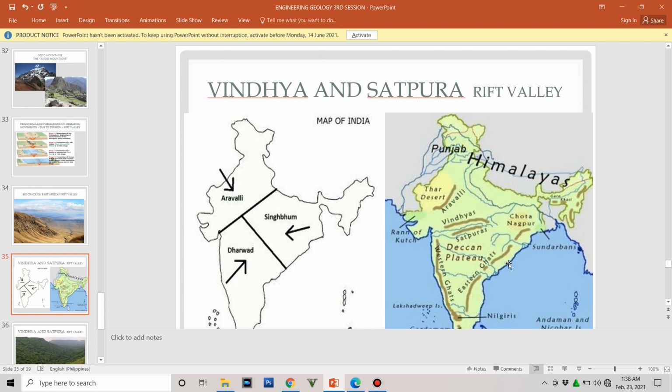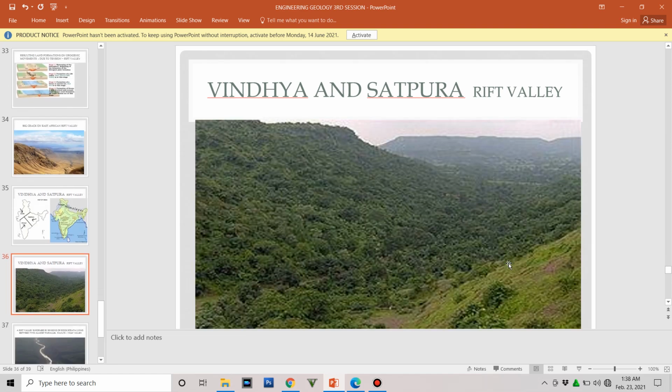So yung gap between these mountains are the Rift Valley, and the river, yung tinatawag na River Narmada, is passing between them. So here is the picture of it. Okay.